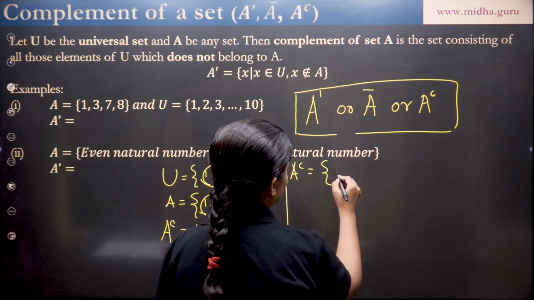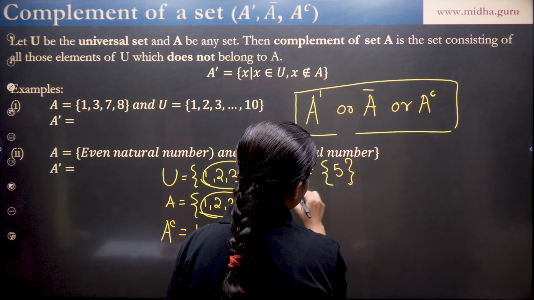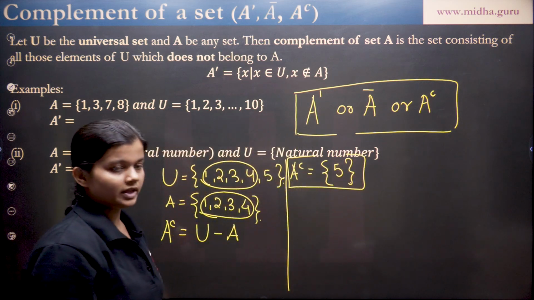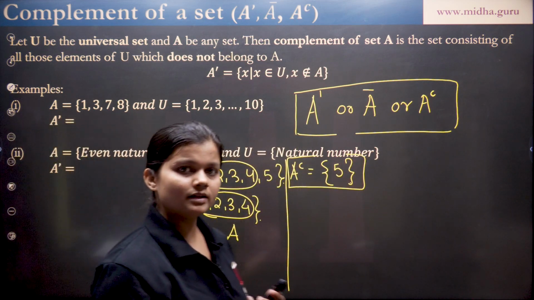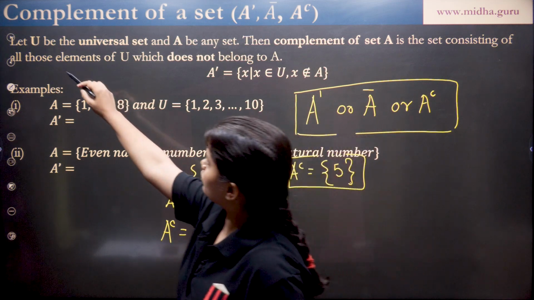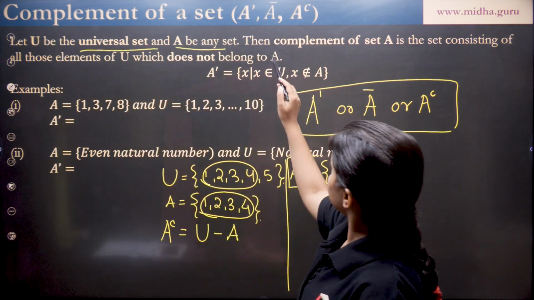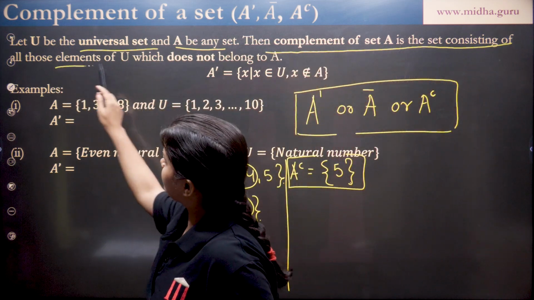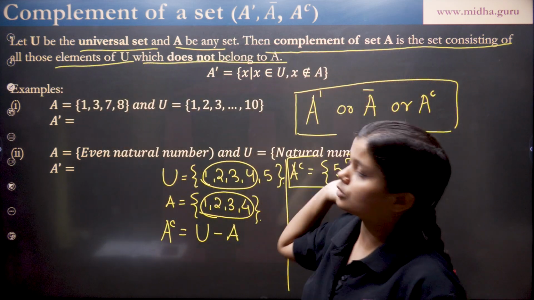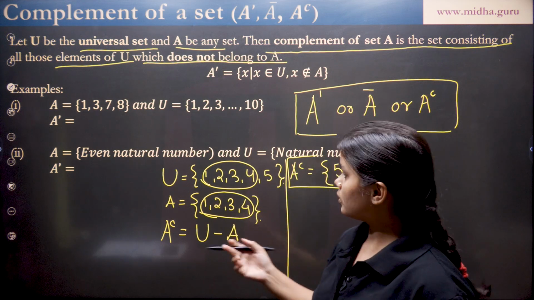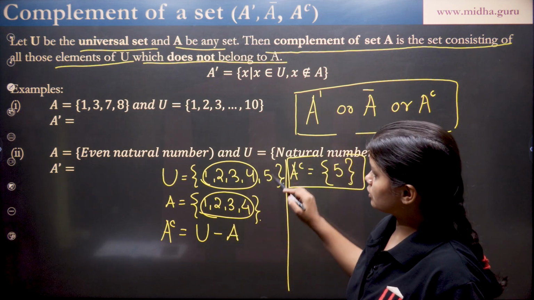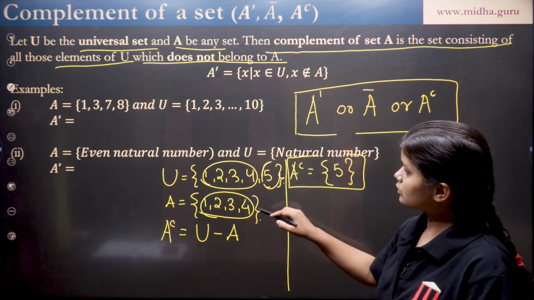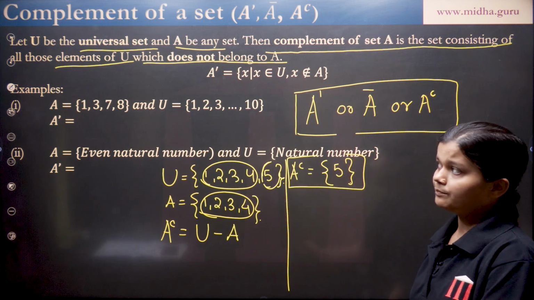So A complement is just 5 only. Let U be the universal set and A be any set, then complement of a set is the set consisting of all those elements of U which do not belong to A. So here it is 5 only. So 5 is the complement of set A.